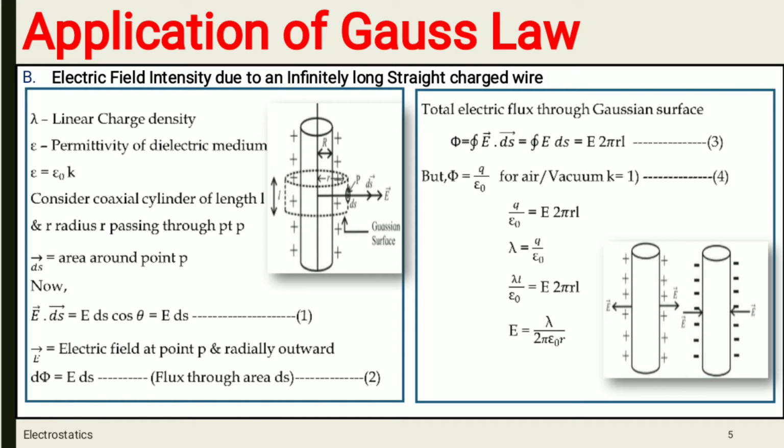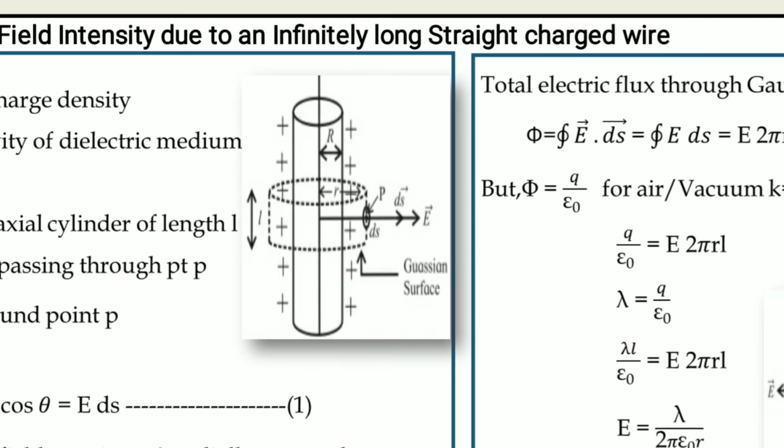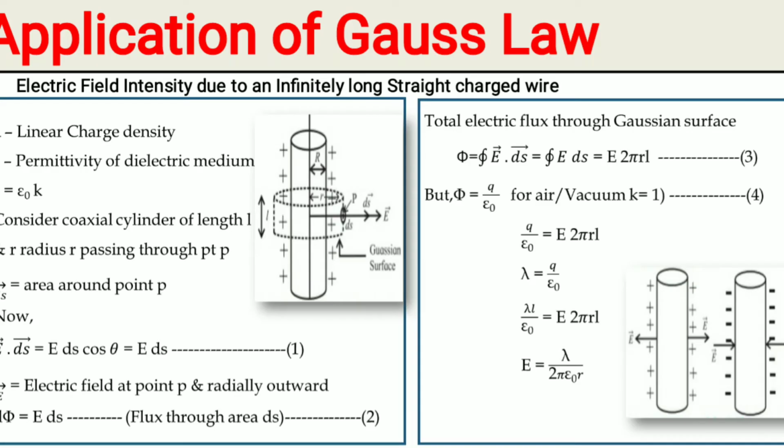As you can see on your screen, this cylinder, which is made with the solid line, is an infinitely long straight charged wire having radius capital R. Here the length of the wire is not mentioned because it is infinitely long. Okay, so what we are going to find out here is the electric field intensity due to this wire.